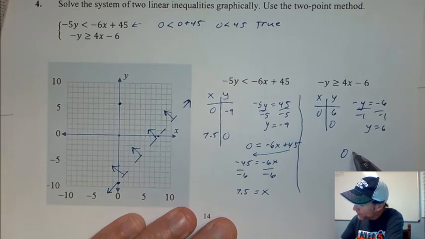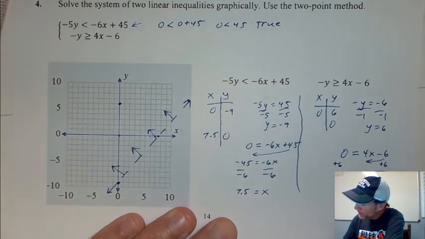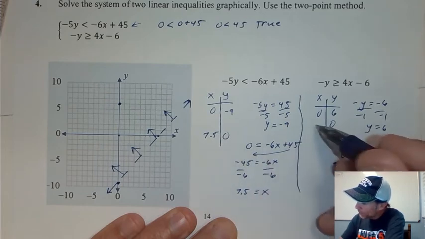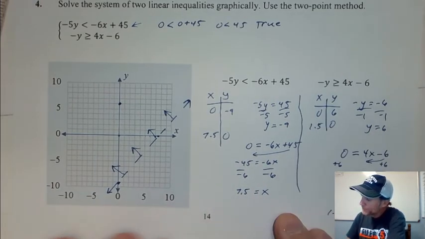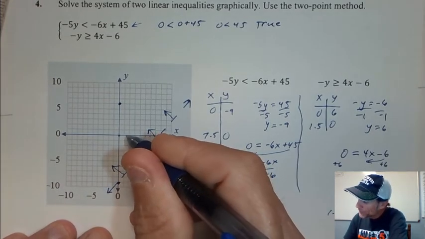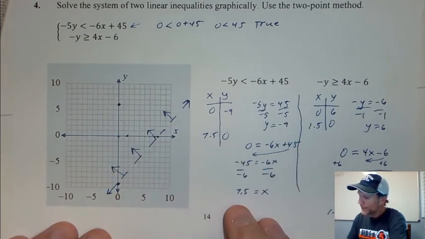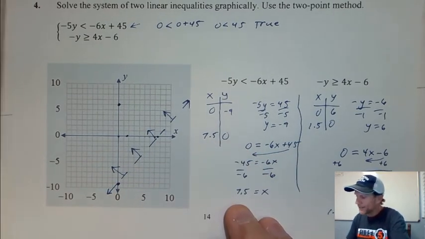Like I said here, we got 0 is equal to 4x minus 6. So I have to move either the x term or the 6 over. So I'm going to move the 6 over, or add 6, is kind of the way I learned algebra, the undoing process. So I'll divide by 4. I get x equals 1.5. So I have 1.5, 0.